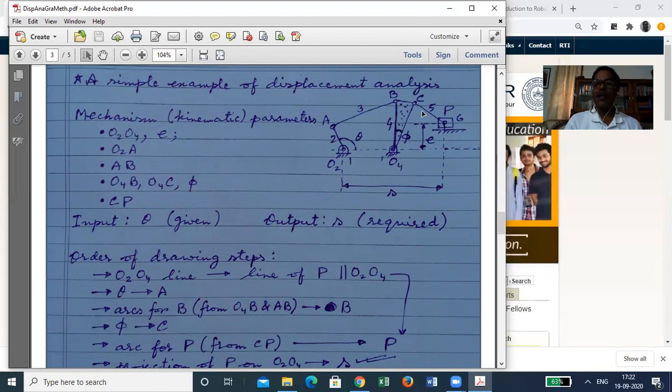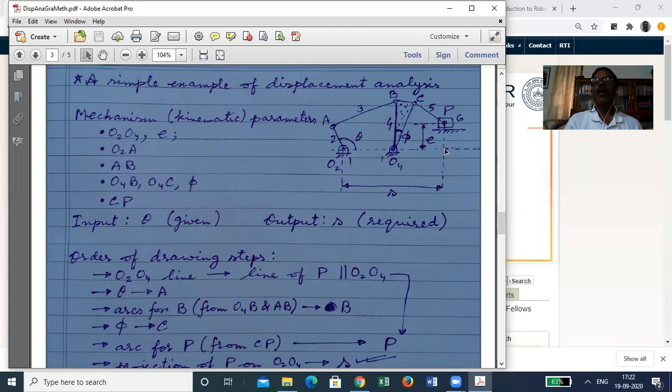Here one of the pairs is prismatic. So you see, revolute at one end, revolute in between, and prismatic at the other end. Then you have determined P, and then get the projection of P on the frame line. Basically, drop a perpendicular from P on O2, O4, and the foot of the perpendicular and O2, that distance you measure.